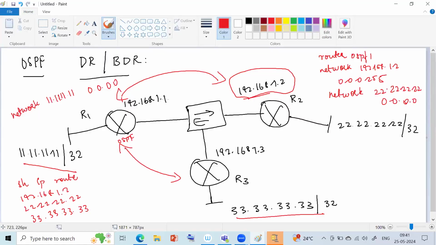If you want this particular interface to have an IP address of 192.168.1.2 only, or if you wanted to have 22.22.22.22 only, then you can give a /32 subnet mask, that is 255.255.255.255. So you are actually confusing this, which is the IP address of loopback 0.